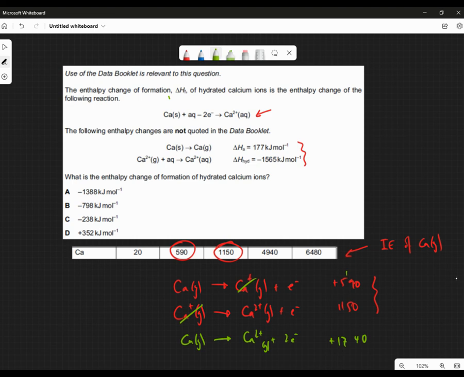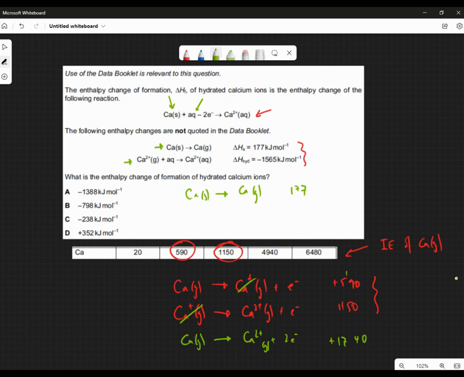Okay, now I'm going to use these equations here. Right, I've got to get this, don't I? So what do I need there? Well, I need this equation. All right, so calcium solid goes to calcium gas, and that's 177. Okay, now I want, where am I now? I want the aqueous and the 2 electrons, but let's do this one.